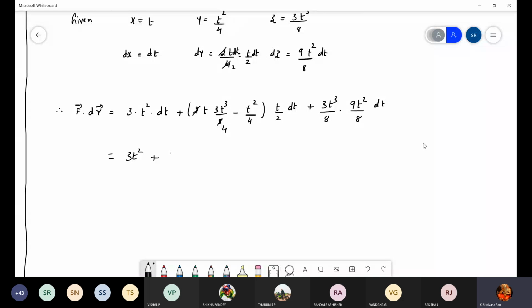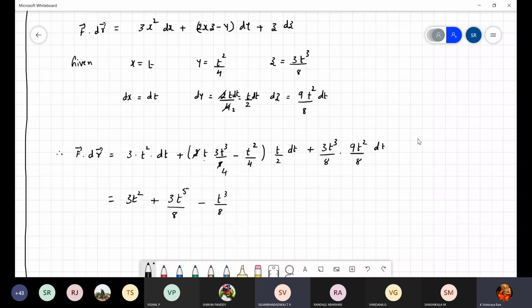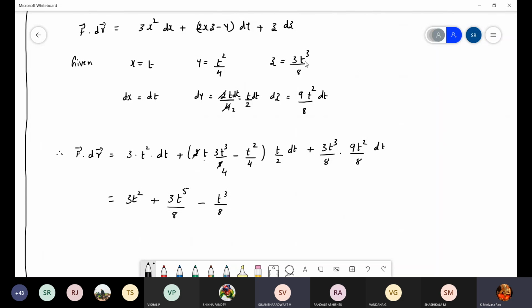So you will get 3t power 4 by 8 as the first term, and minus 3t cube by 8. Sorry, 3t power 5 by 8, here one more t is there. z is equal to 3t cube by 8.